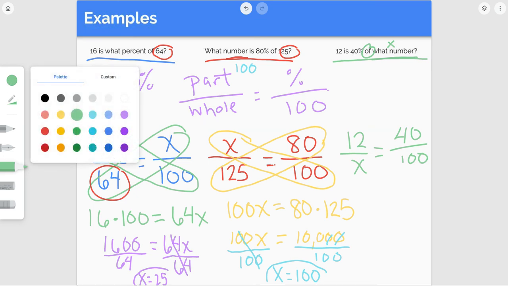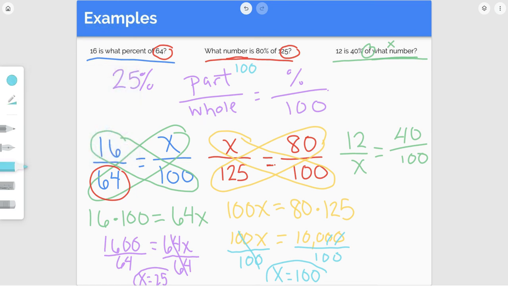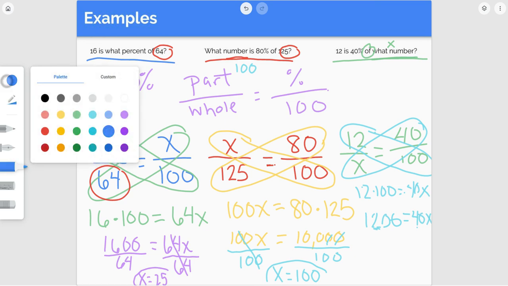And cross products again. Here we go. So 12 times 100 is going to be equal to 40x, or 40 times x. So 12 times 100 is going to give me 1200. And I still have 40x on this side. Now I got my inverse operations.